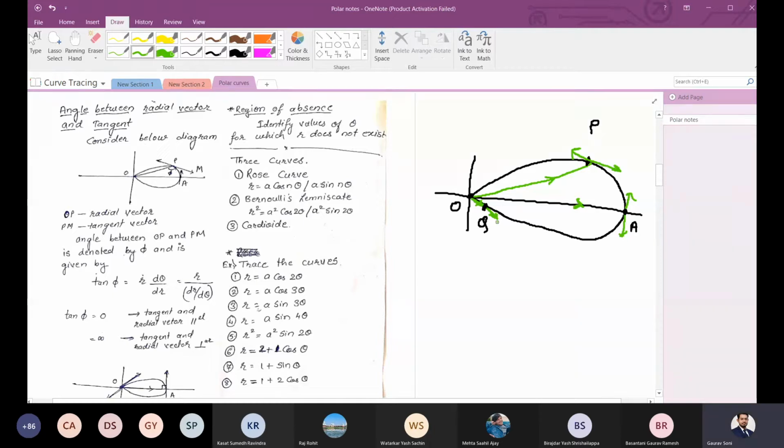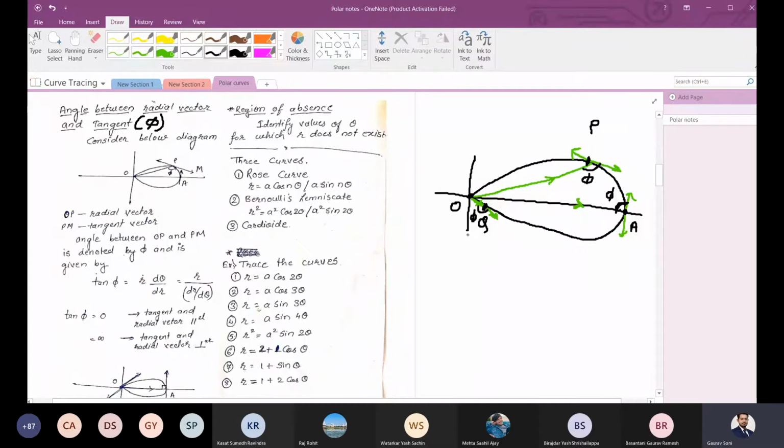What we are measuring in point number 4 is the angle between the radial vector and the tangent vector. We denote it by phi. So we are measuring the angle phi. At the point P, this is phi. At the point A, this is my phi. And at point Q, this is my phi.